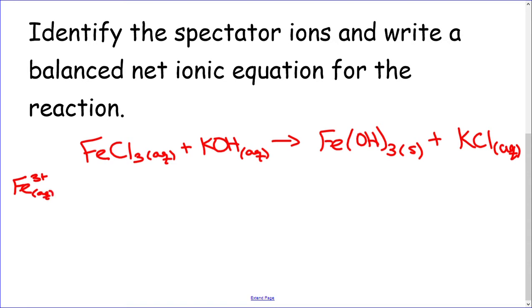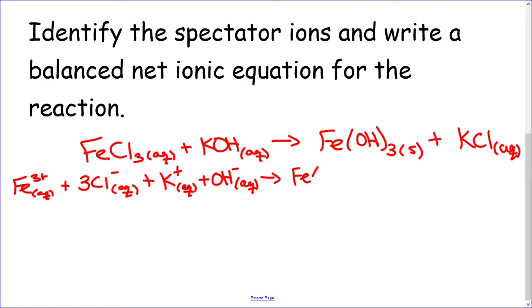Now, chlorine, do you see how there's 3 atoms of them there? So when it dissociates in its appropriate ratio, it's going to have its 3 atoms there, because each chlorine has a -1 charge. And my potassium is going to separate, so I've got K+, and I've got my OH- as it separates.